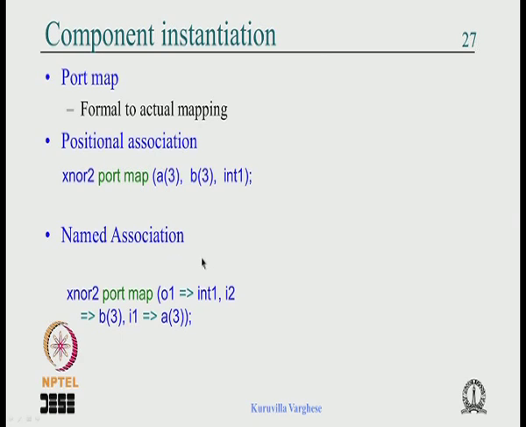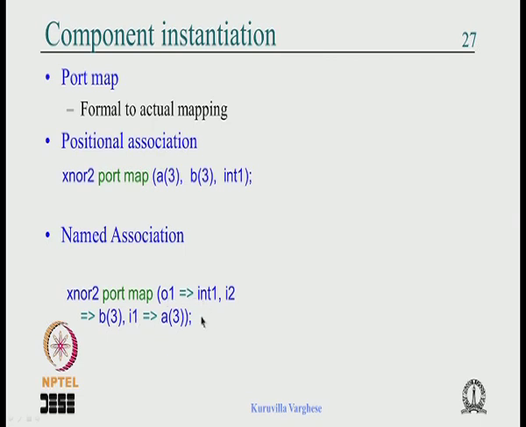Association can be specified explicitly, that is called named association, which is the most useful way of doing the port map. So for the previous case you can say XOR port map, O1 is mapped to int1, I2 is mapped to B3, I1 is mapped to A3, exactly similar to this.